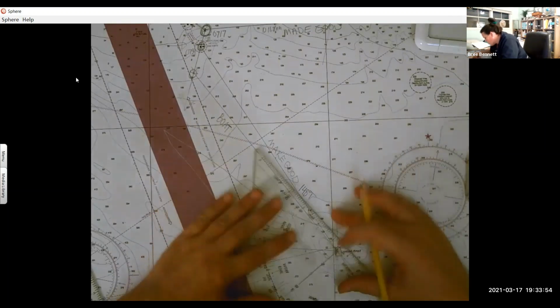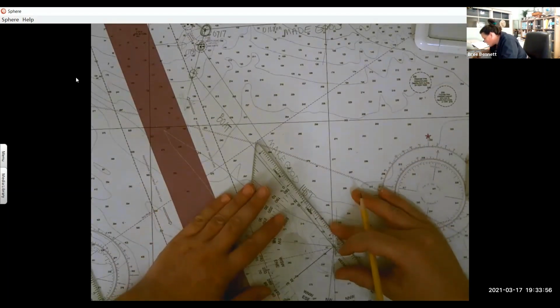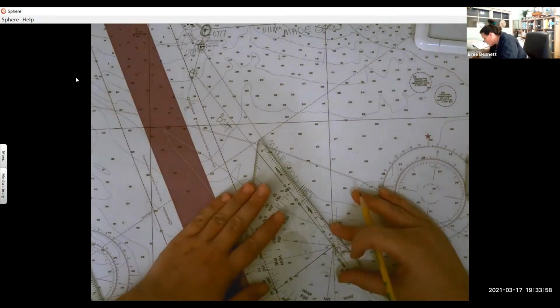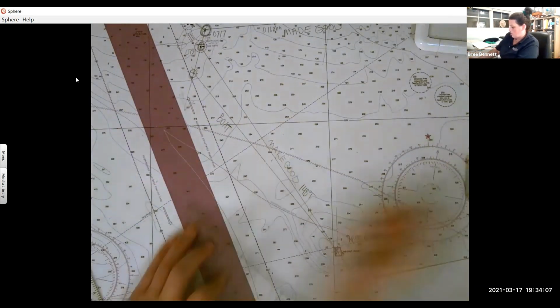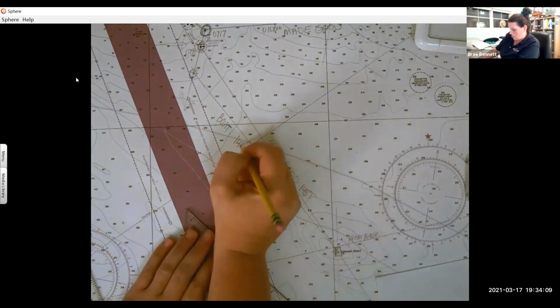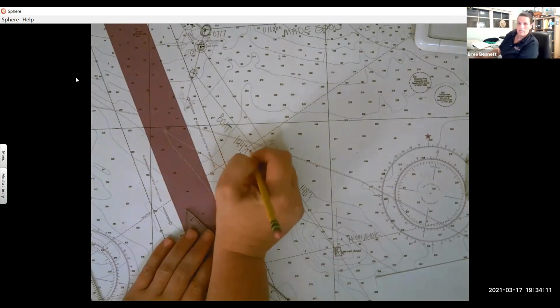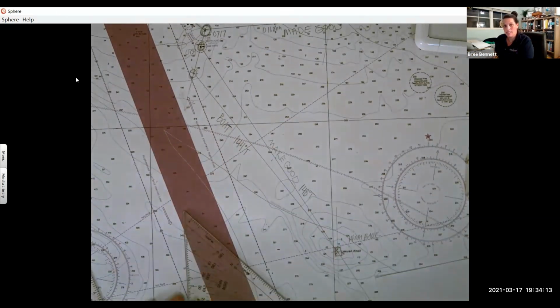And now my boat line is 144. So that makes sense.